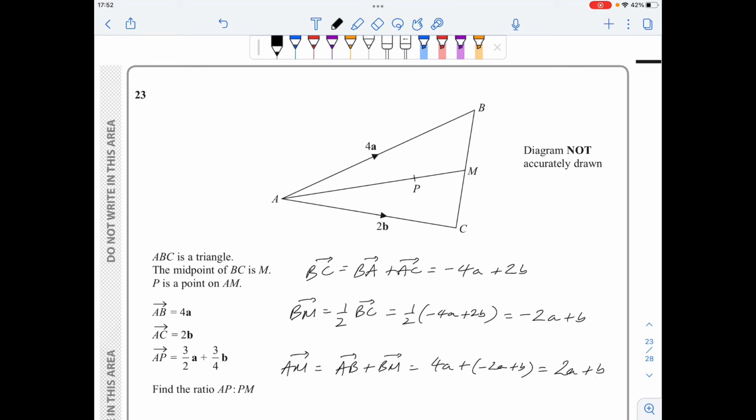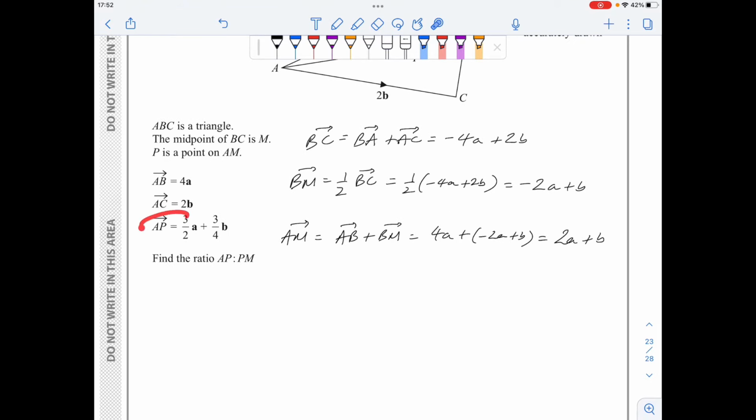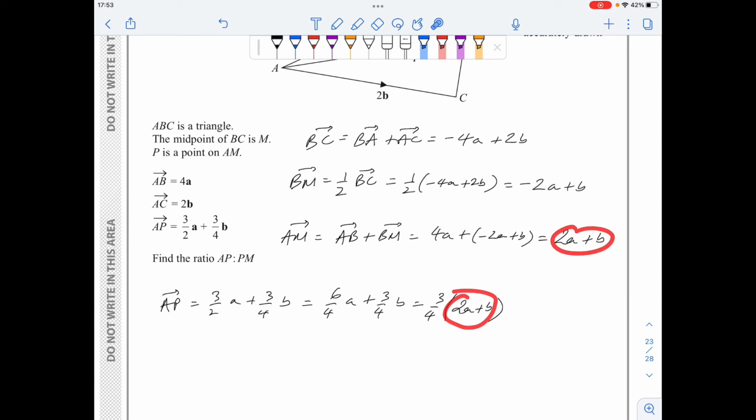2a plus b. So now let's take AP as given. So it's 3 over 2 a plus 3 over 4 b. Let's make the denominators the same. So I've got 6 over 4 a plus 3 over 4 b. I'm going to take out a common factor of 3 over 4, and this will give me (2a plus b), and then recognize this thing here as AM.